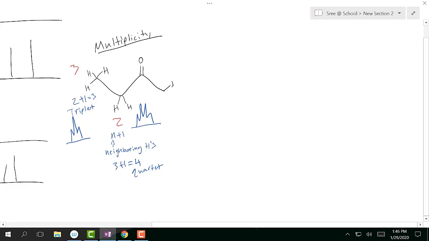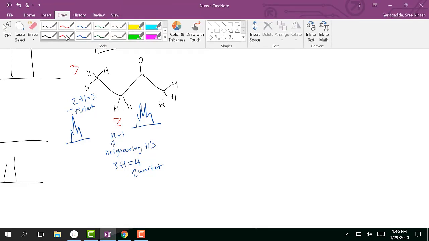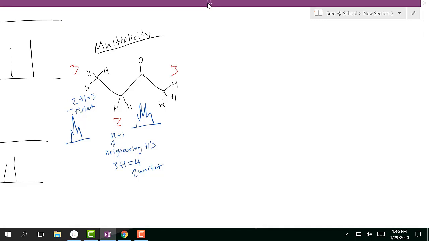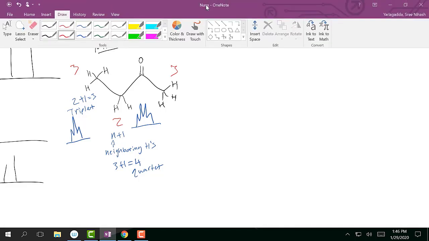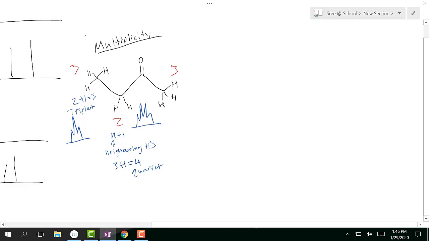So again, there's 3 here. And then how many hydrogens is it neighboring? 0, right? So you're looking at this carbon here. There's 0 hydrogens on that, so it's going to be 0 plus 1 equals 1, and that's called a singlet. So it should just look like that.